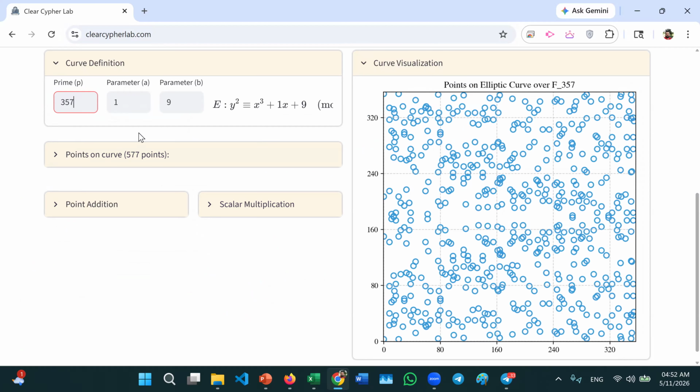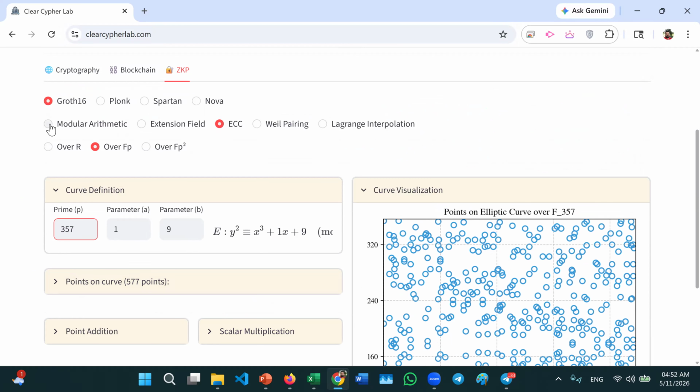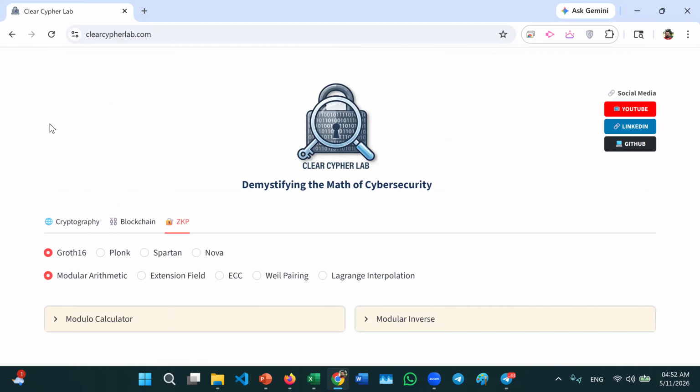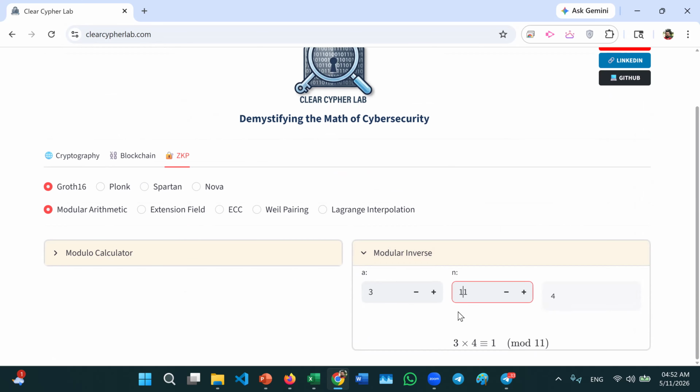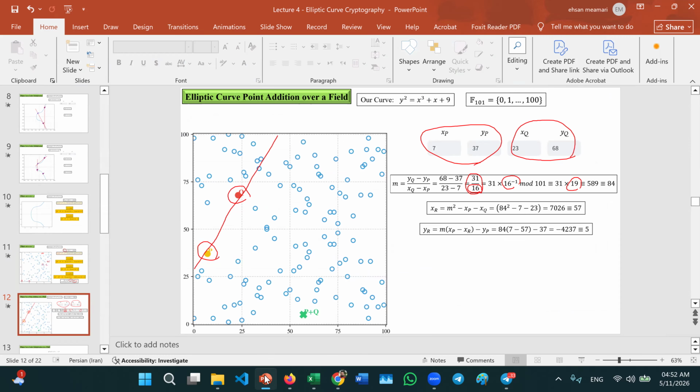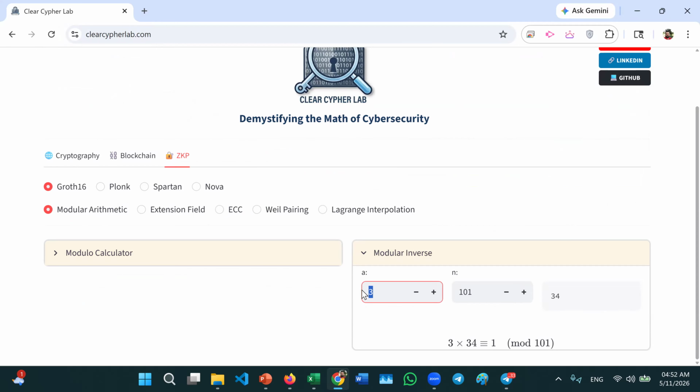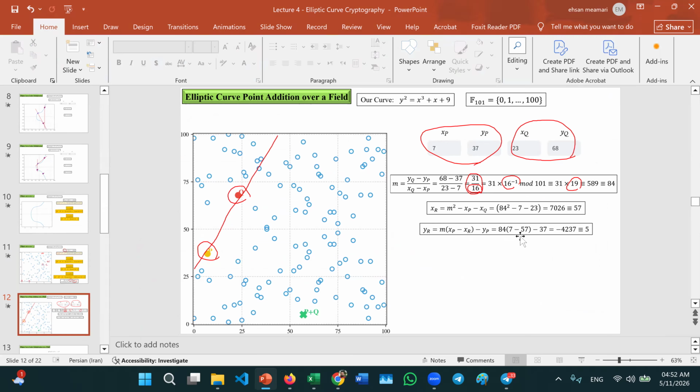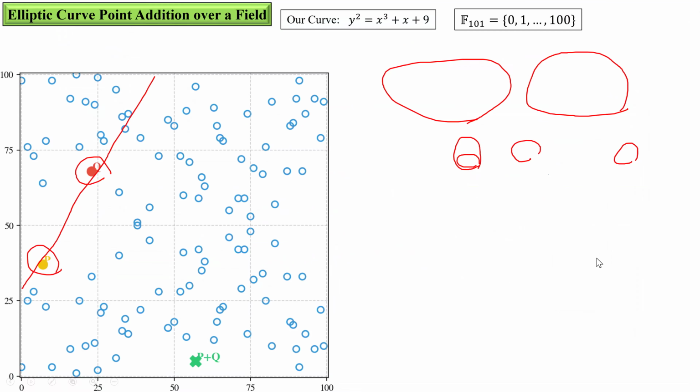So on the website, in the lecture 2 discussion of modular arithmetic, we had the modular inverse. The prime value P equals 101, and we want to compute the inverse of 16. It equals 19, right? So the inverse of 16 equals 19.